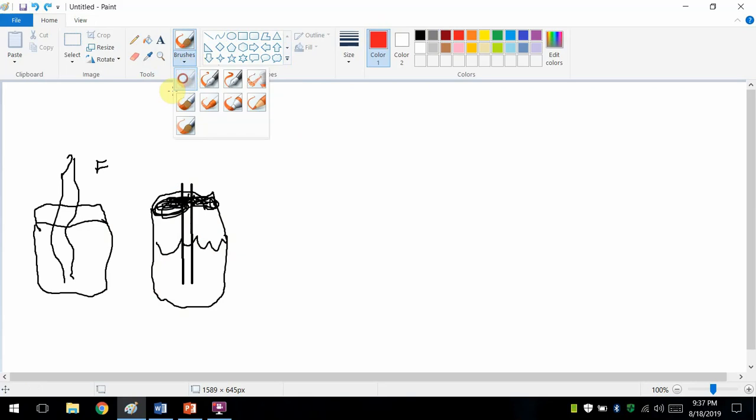Brush. All right. Color. All right. And fill it up to there. I should have extended this a little bit further up. Black.